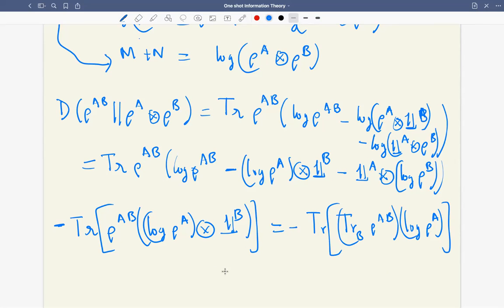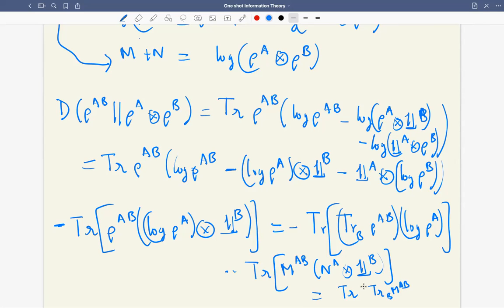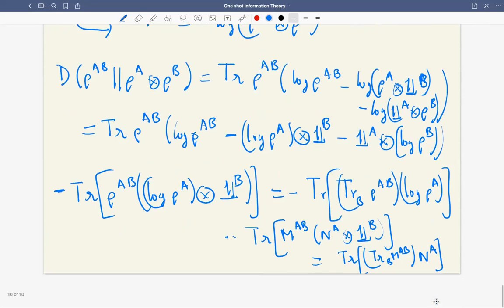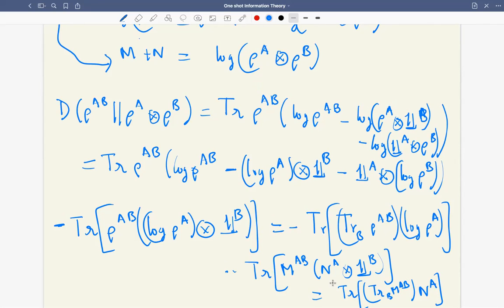The expression to jog your memory was this: trace of some matrix M_AB times N_A tensor identity B. This is equal to trace of, I trace out the system B from M, and this N is that. Do you remember this? We discussed this some lectures ago when we were doing the partial trace.